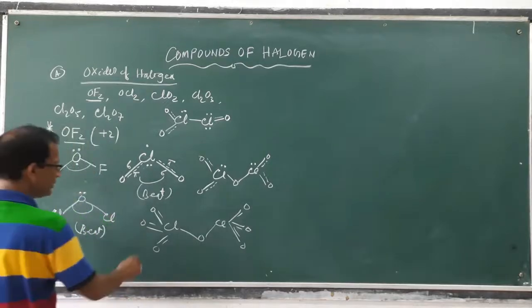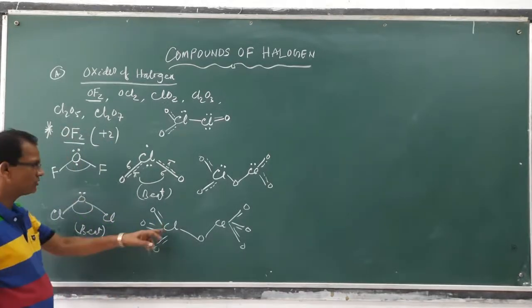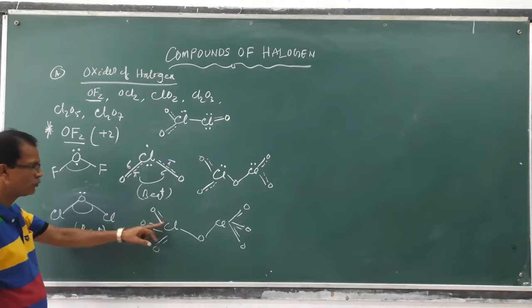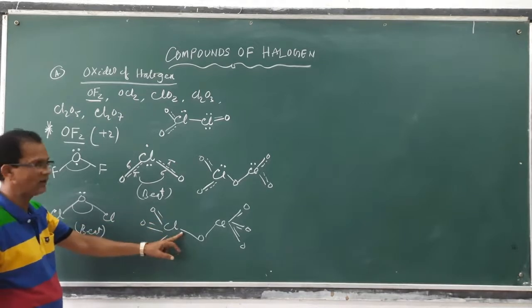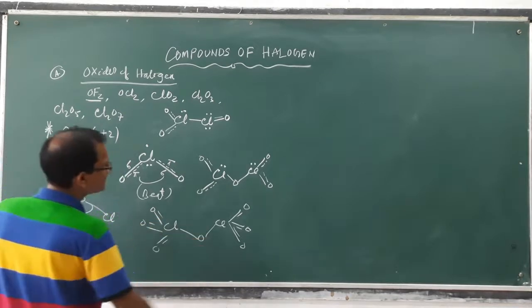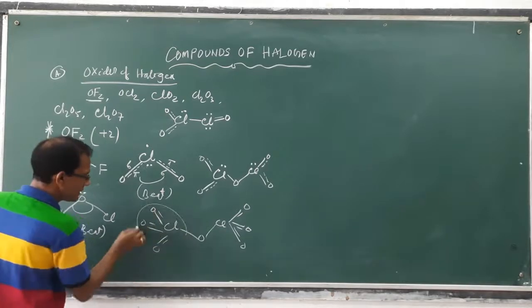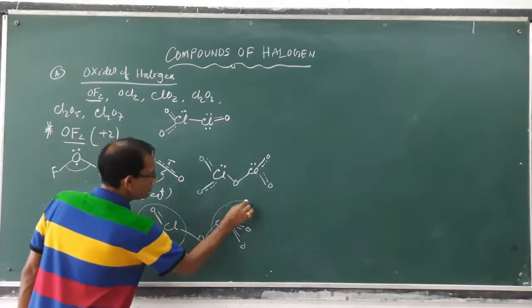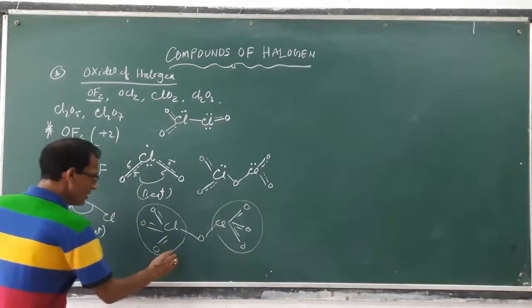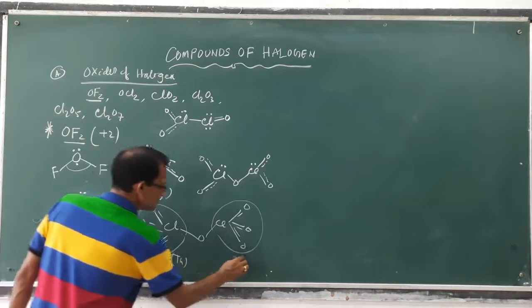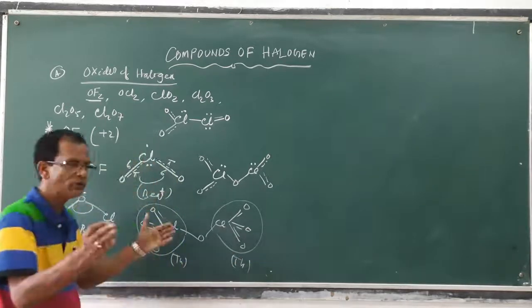But in Cl2O7, no lone pair remains on the chlorine atom, so both parts have tetrahedral structure: two tetrahedral units joined.